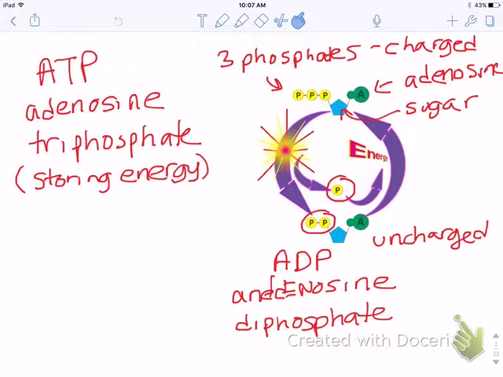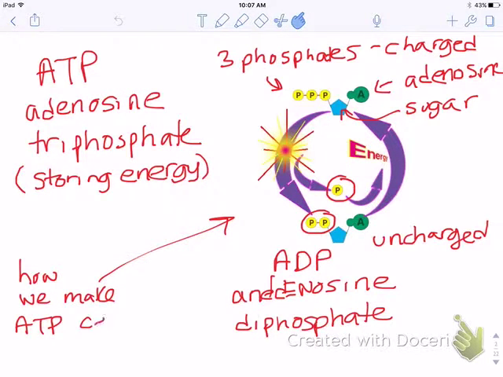In this unit, we're going to learn how the body makes ATP, how we make ATP through a process called cellular respiration, and how we use ATP in processes like photosynthesis.